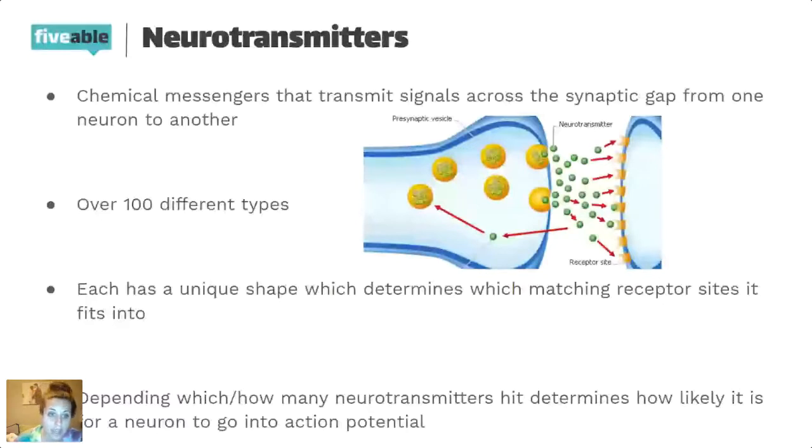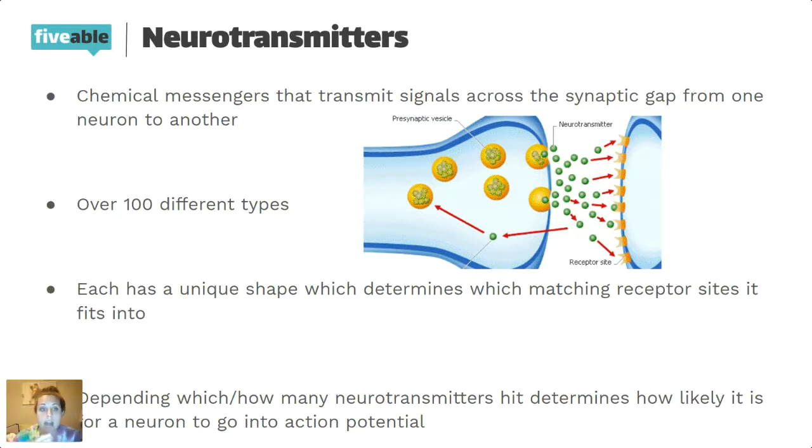There's a lot. And each one has a unique little shape and size, which basically means it fits with a unique shape or size on another neuron. Like I said, they're selective and specific, and there are different kinds for different things. Depending on which neurotransmitter is firing, or how many of them are released from the sending neuron to the receiving neuron, determines whether the neuron reaches action potential.